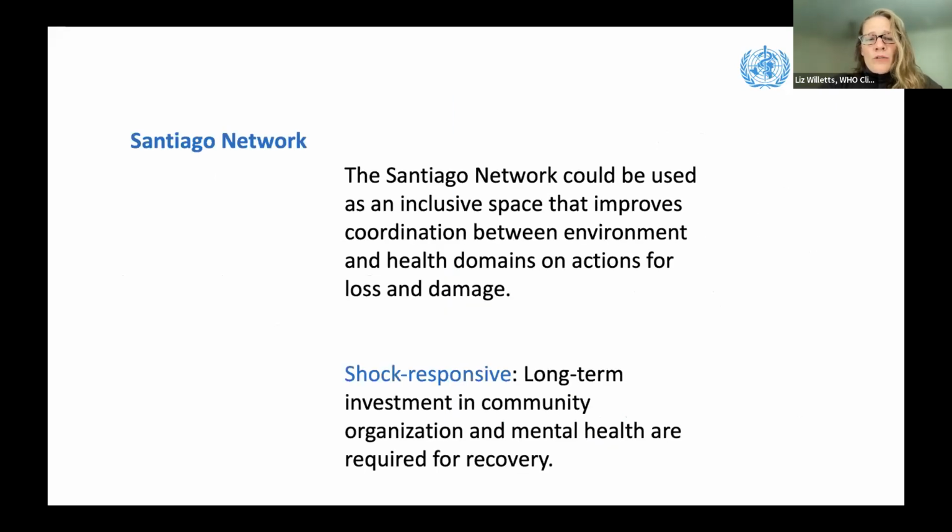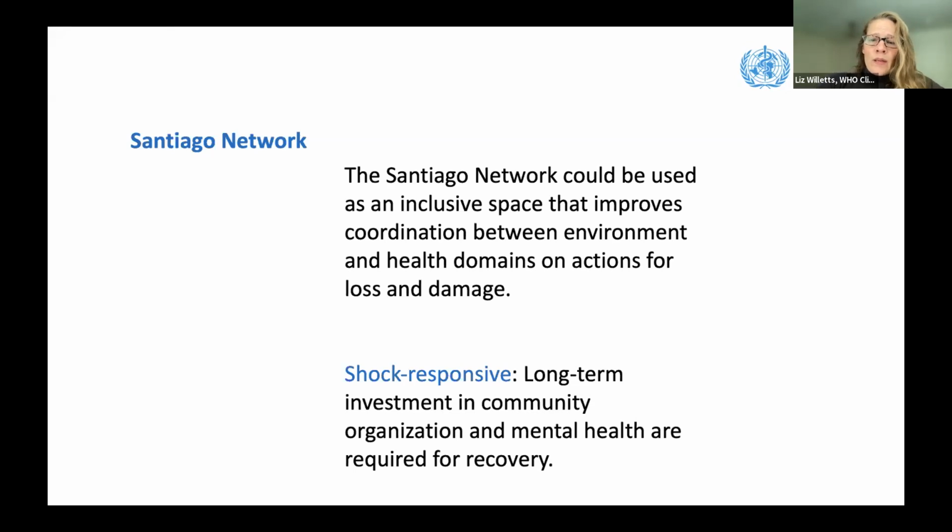Looking more directly at COP27, Colin did a really nice display of the negotiations to date. And he mentioned that COP27 is really going to be about the arrangements of the Santiago network and what that will practically look like, with what he recommends a focus on funding for frontline agencies and actors.